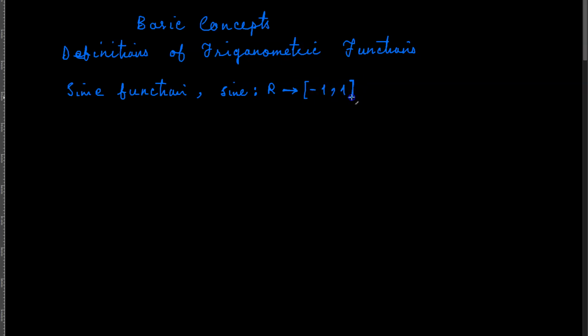So the codomain is actually not the set of real numbers, as we can see here. It is the interval -1 to 1.